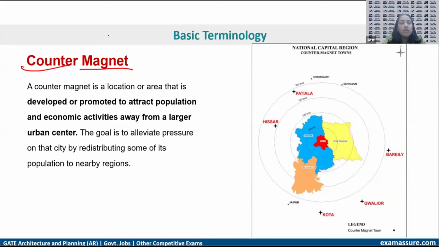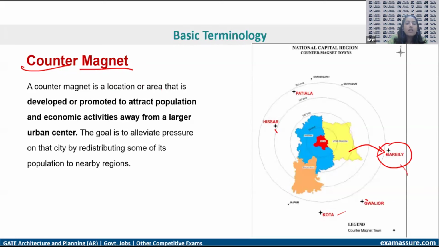So, where we see large cities or larger developments, in order to lower the pressure on these larger cities, towns around them are developed, which will attract people or population from here to come and settle in these smaller settlements or towns.